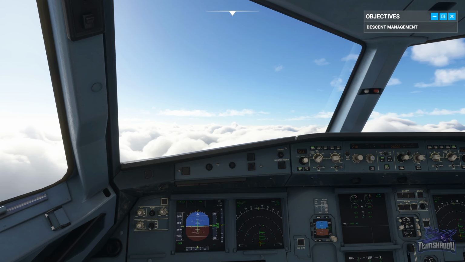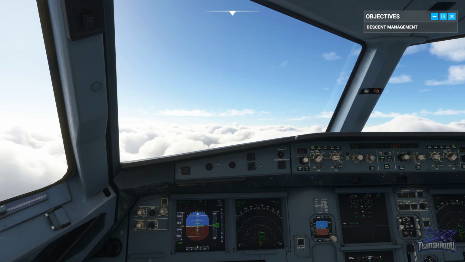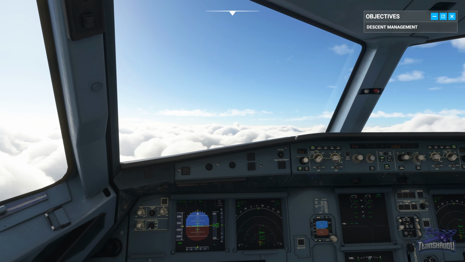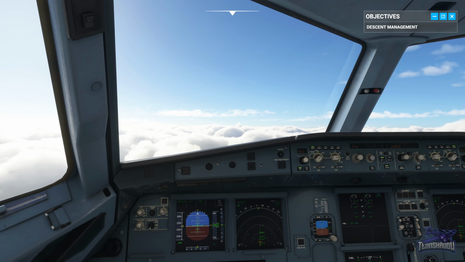Now that we've calculated when to commence our descent, we use another rule of thumb to monitor our progress. It's very similar to our first rule of thumb, but starting with the distance instead. This time, we'll multiply our estimated distance to go by 3, giving us our target flight level.